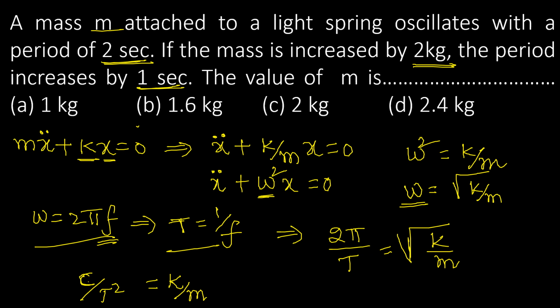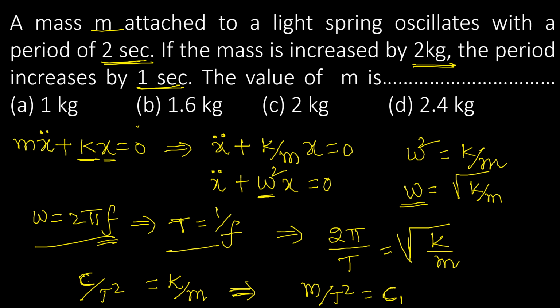So sending all constants to one side, we will get m by t square equals to c, let's say c1. So here mass divided by time period square is equal to some constant.